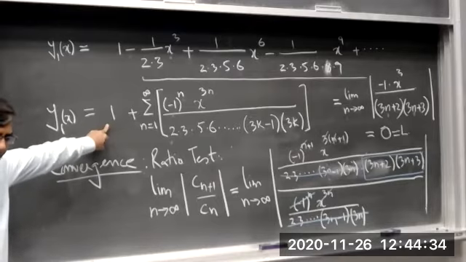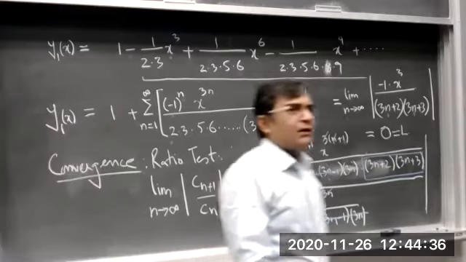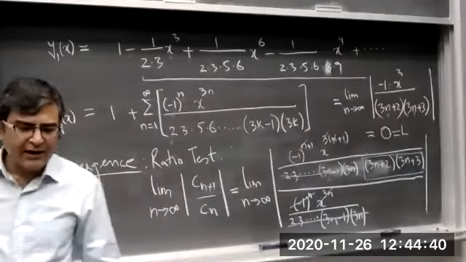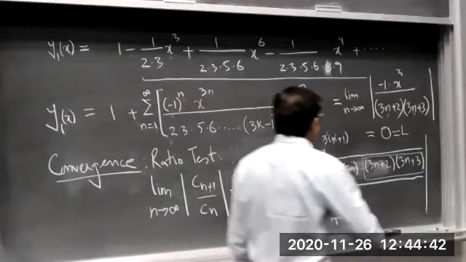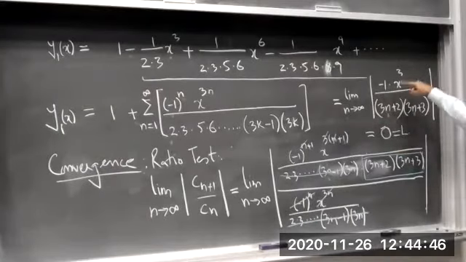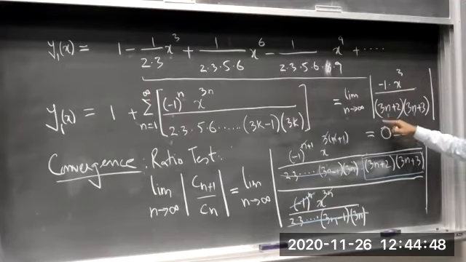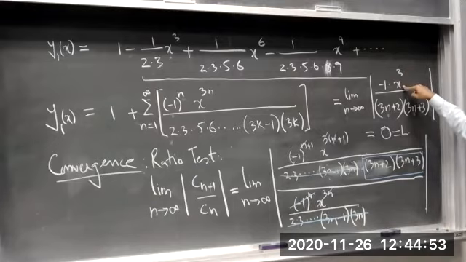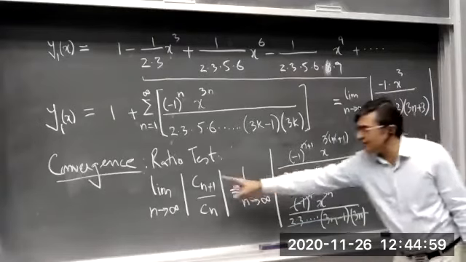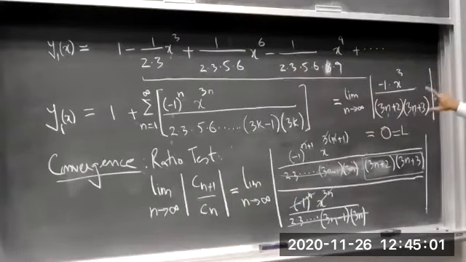What will be the interval of convergence or radius of convergence in this case? Since we obtain this whole limit as 0, and this limit is 0 for all values of x, whatever the value of x we put here, this ratio will go towards 0.